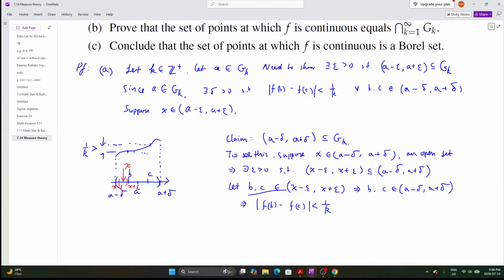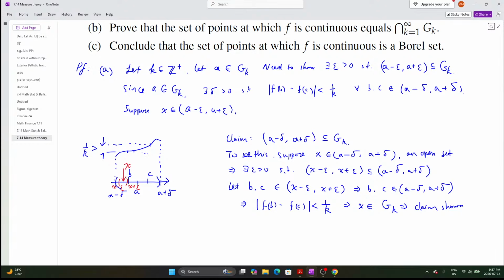It says for every B, C in (x minus epsilon, x plus epsilon), |f(B) minus f(C)| is less than 1 over k, and as a result, x is in G_k. So you start from an arbitrary x in (a minus delta, a plus delta), you show that x is in G_k, so therefore this proves the claim. So that's the illustration here.